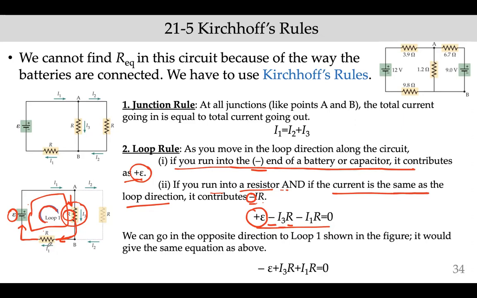So it will be I1 times R, which is here. Now, after you write all the circuit elements in the loop, you equate them to 0. From here, you get a relation as epsilon equals I3 times R plus I1 times R.